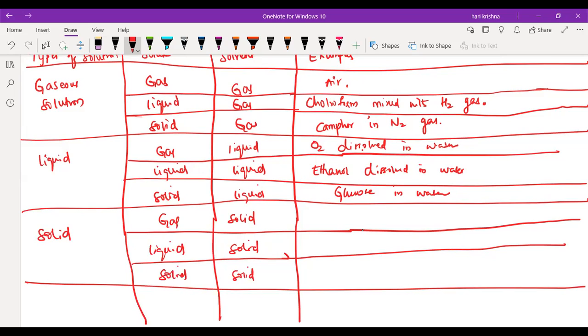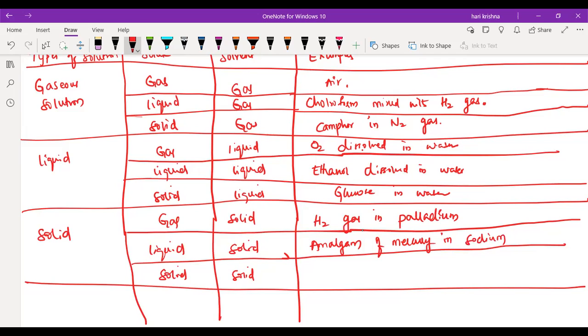So what is the example for gas in solid? It is H2 gas in palladium. And the amalgam of mercury in sodium is the example for the liquid in solid.